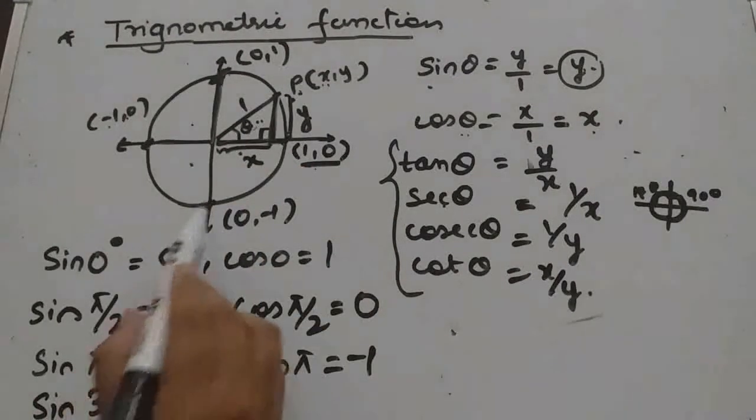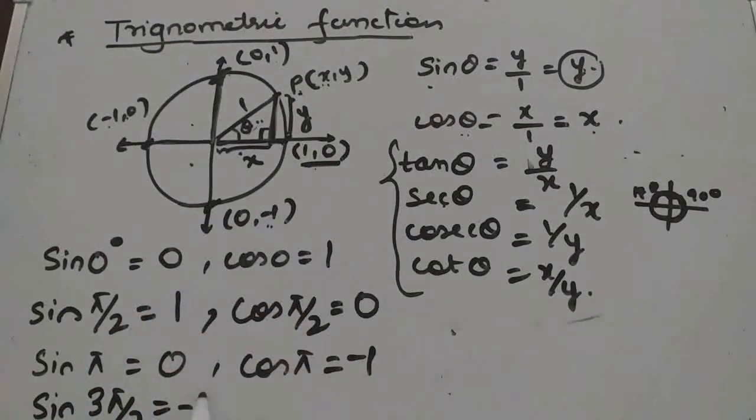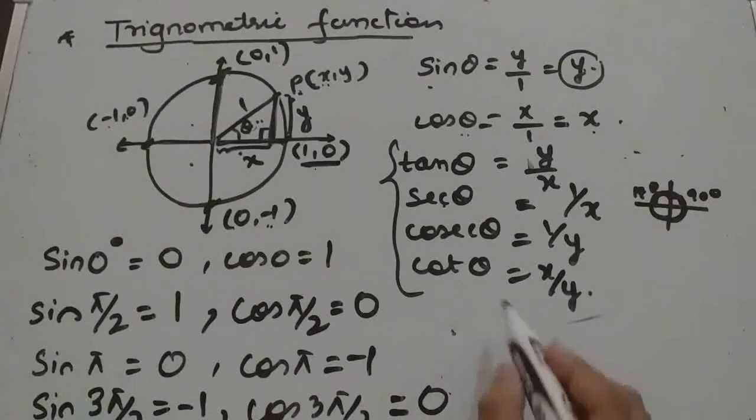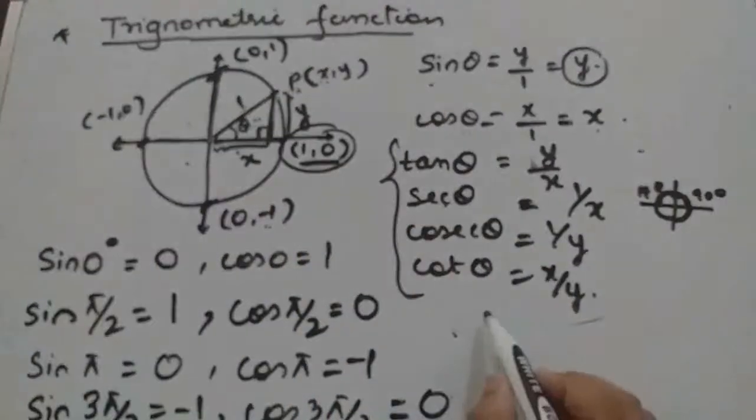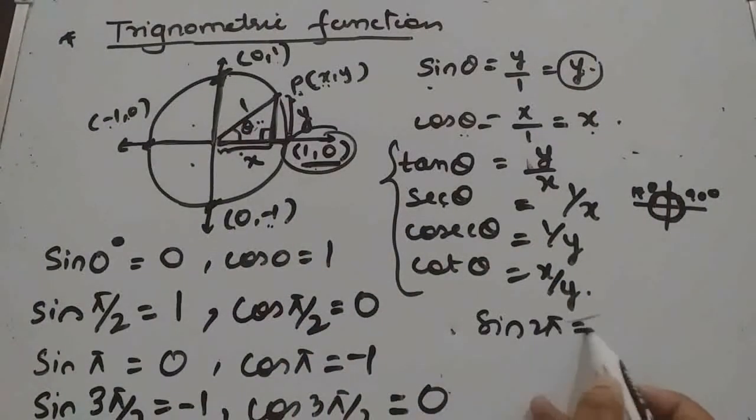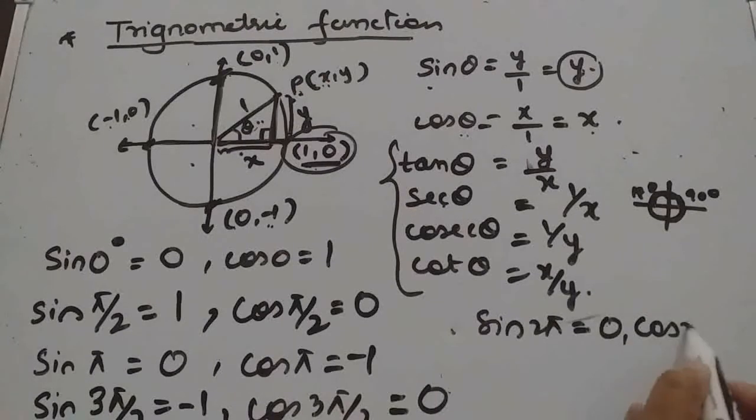So 3 pi by 2 means this point. What is the y coordinate? Minus 1. And cos 3 pi by 2 will be 0 here. And last one, sine 2 pi, again 0, and cos 2 pi, again the x coordinate, that is 1.